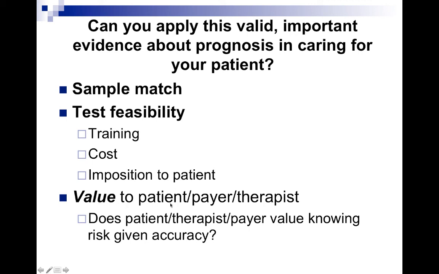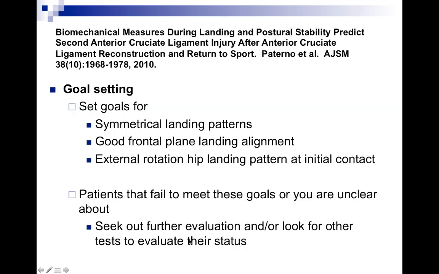And finally, the value to the patient or payer or therapist. Does the patient really value the result of the test? Do they want to know the likelihood of re-injury or not, or is it best for them not to know given the situation? In our case, it really does help for goal setting.